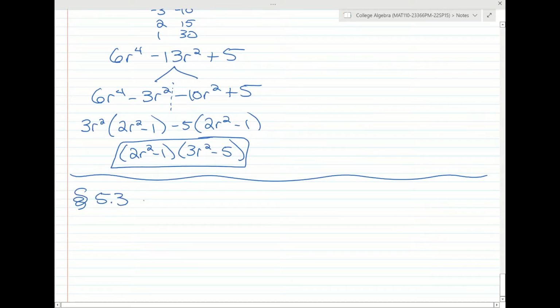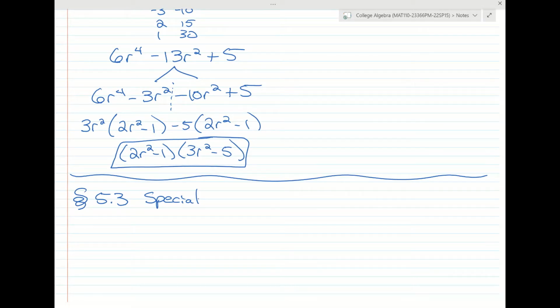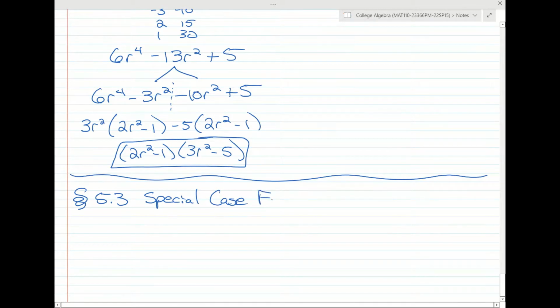Section 5.3, we talk about special case factoring.